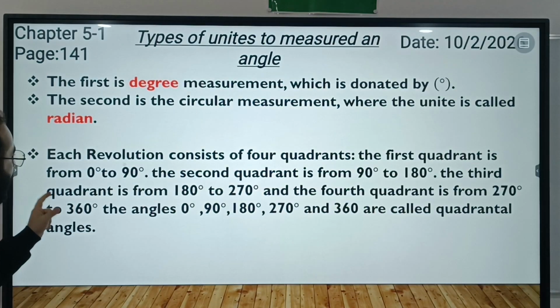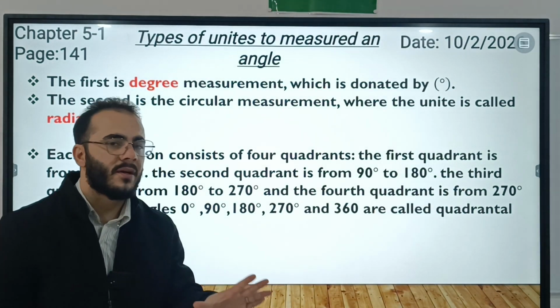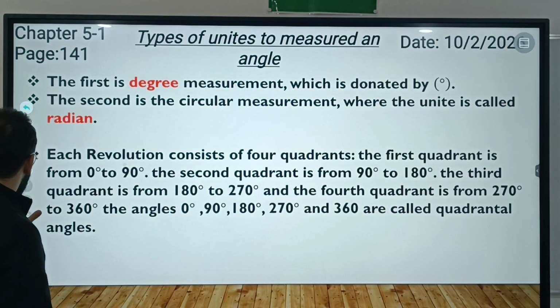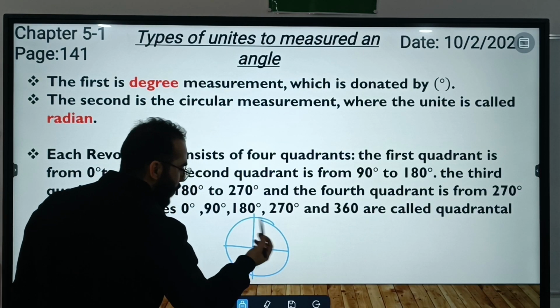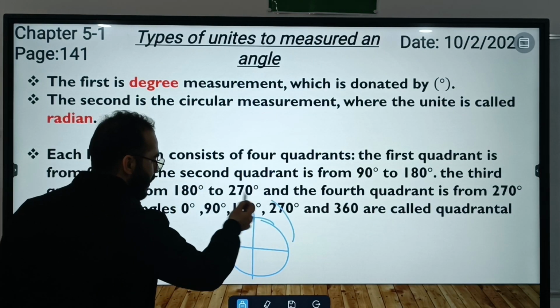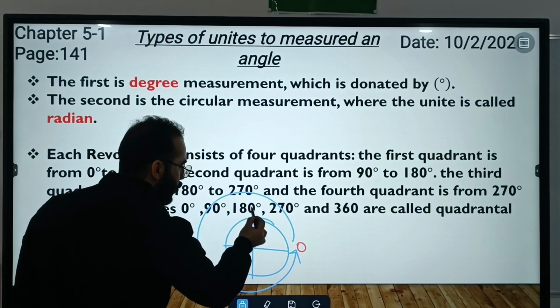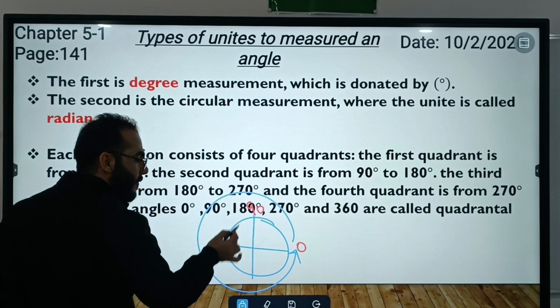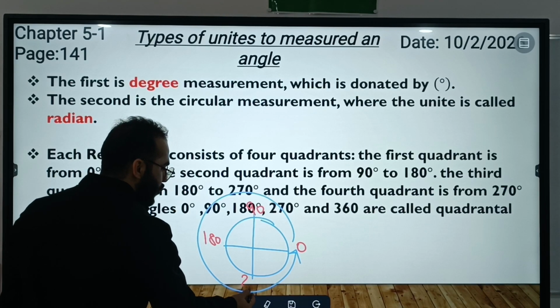Perfect. So each revolution, each spin, consists of 4 quadrants. Remember the circle again. So the first quadrant starts from 0 to 90. The second one from 90 to 180. The third one from 180 to 270.